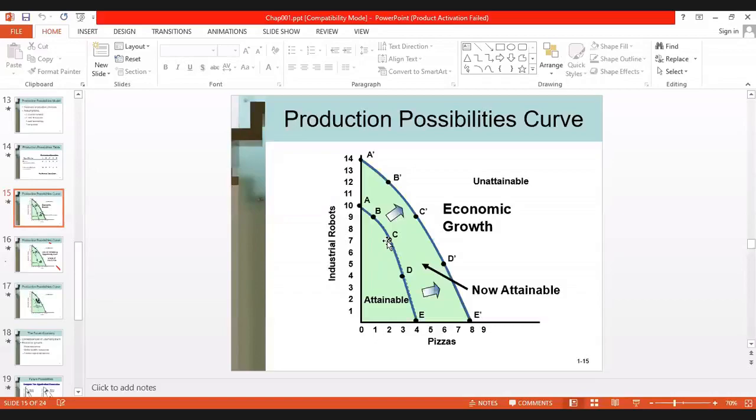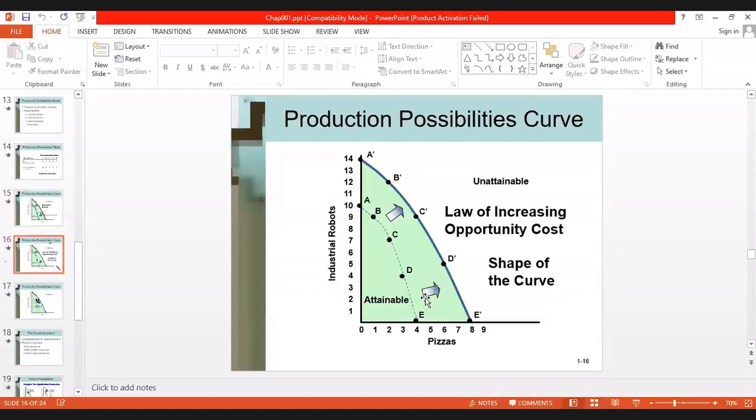So the point at C, that combination of 2 pizza and 7 robo, is the society-based choice. For each commodity, pizza and robo, demand and supply determine the choice on the production possibility curve, the society's most preferred choice.